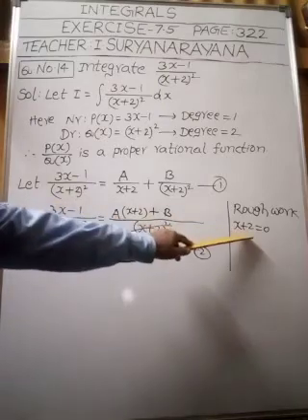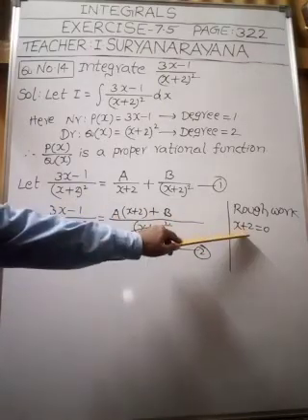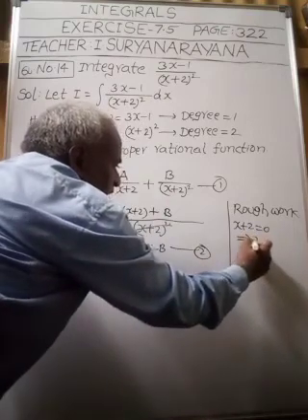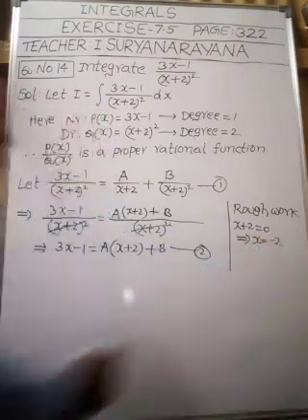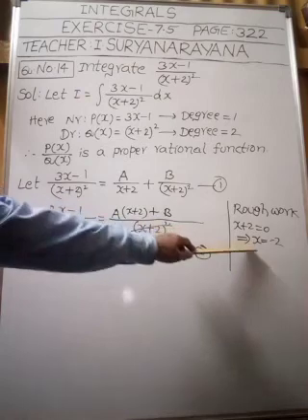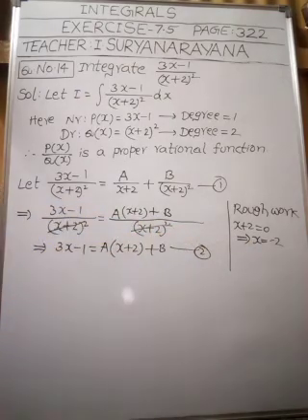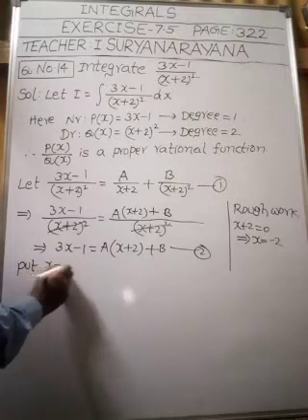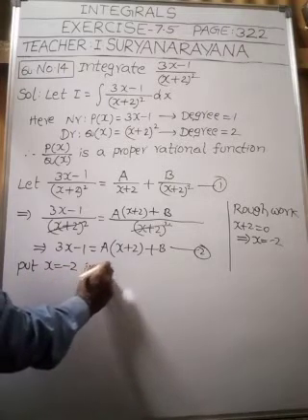So we are writing this equation. Understood this equation, my children? Right. From this equation, we find the x value. x is equal to minus 2. So we substitute this x value in equation 2. Okay, my children? So put x equal to minus 2 in equation 2.